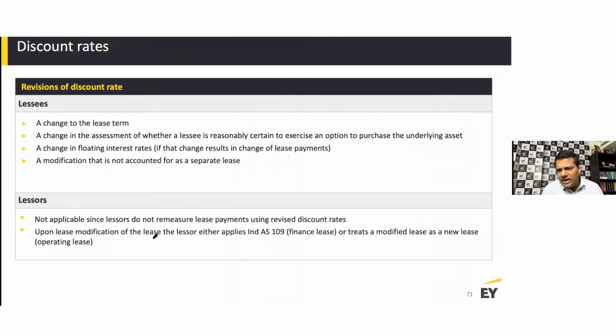I need to revise the discount rate only when there is a change in the lease term, when there is a change in the assessment of whether the lessee is reasonably certain to exercise an option to purchase the underlying asset, a change in the floating interest rate if that results in a change of lease payments, or a modification that is not accounted for as a separate lease.